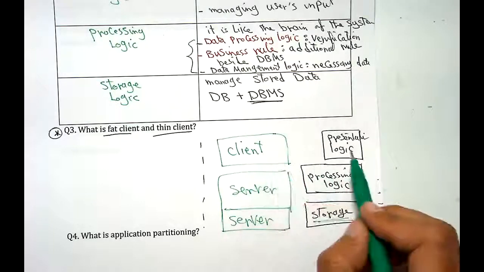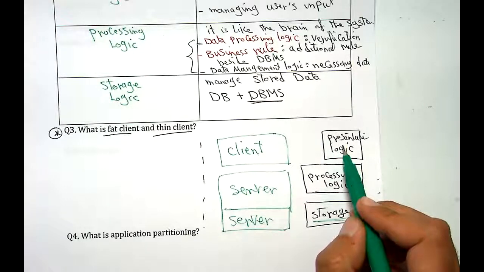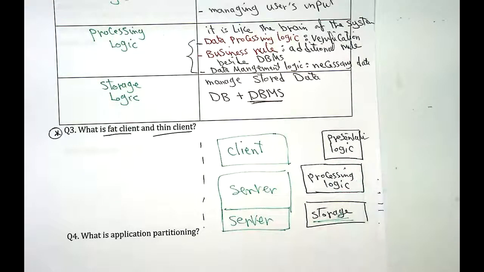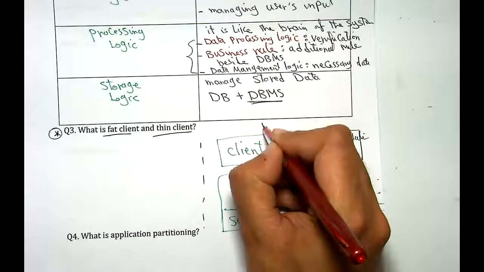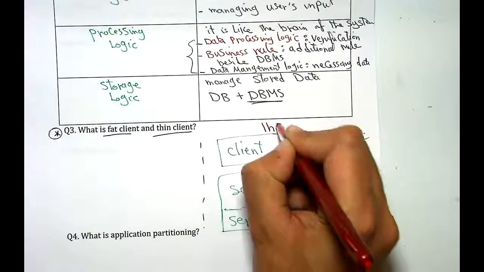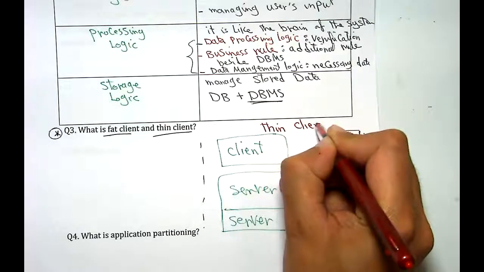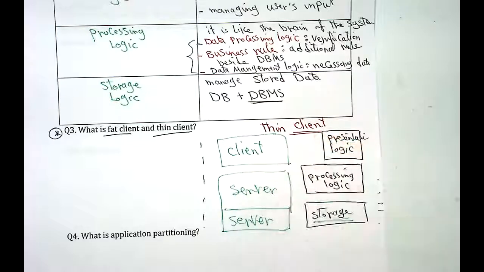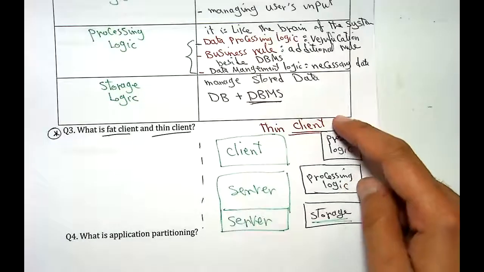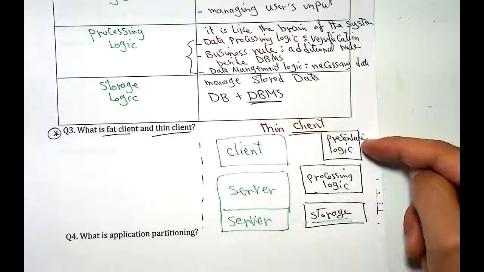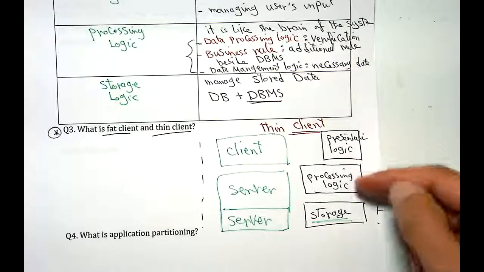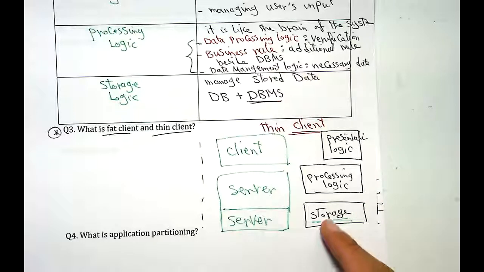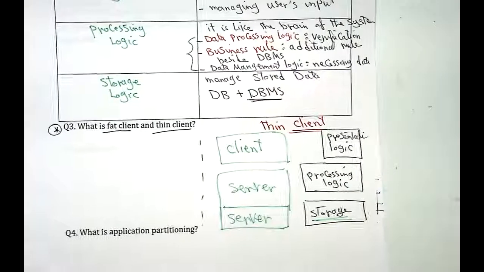The client will have only the presentation, just to display the output. So in this case, this client is called a thin client. A thin client is a client where only presentation logic is done on the client side, while the server side will do the storage and also the processing.